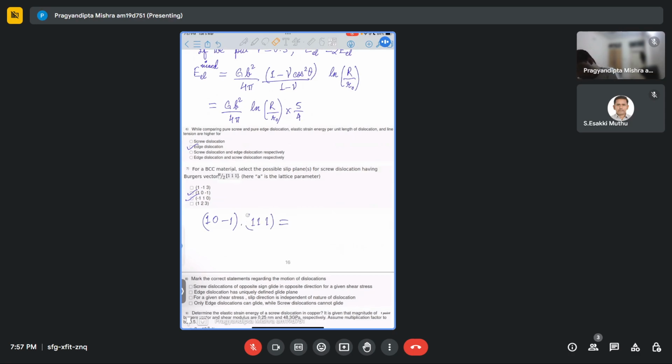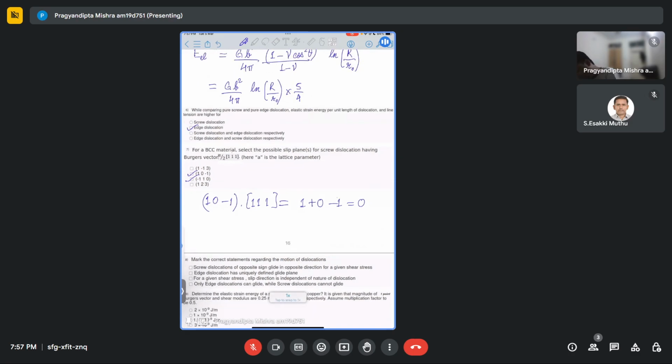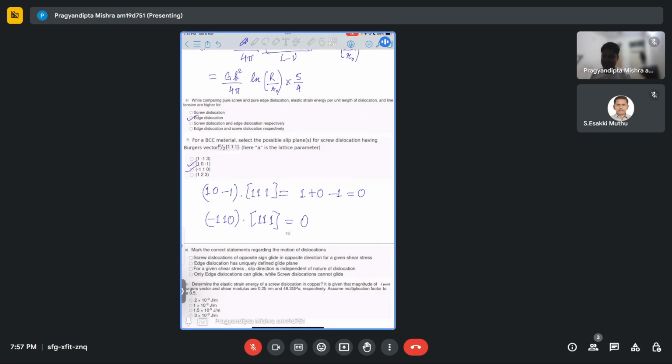Sorry, your directions. It will be 1 plus 0 minus 1, which is 0. The same will be true with minus 1, 1, 0 dotted with 1, 1, 1. This will also be 0. The other two cases will not be 0 in a similar fashion.